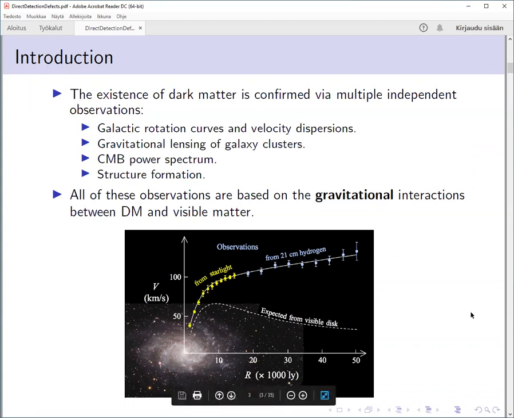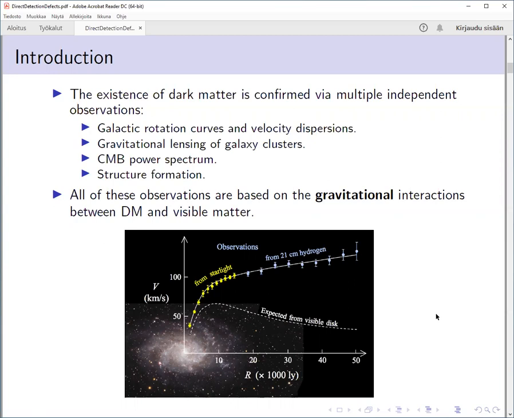There is a lot of evidence for the existence of dark matter, starting from maybe the most famous example, the galactic rotation curves and velocity dispersions. We look at individual galaxies and at how fast the stars and the gas rotate around the center, or in the case of elliptical galaxies, what the velocity dispersion of the stars is in different regions of the galaxy.